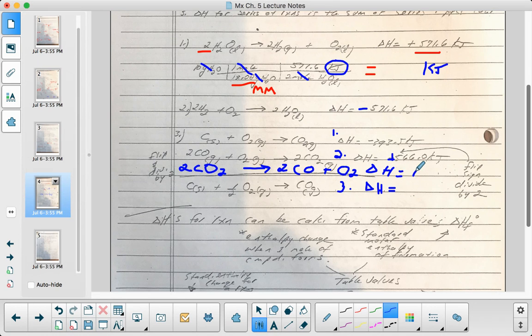It now becomes the positive 566. Okay, so it was originally negative. Sorry about that.